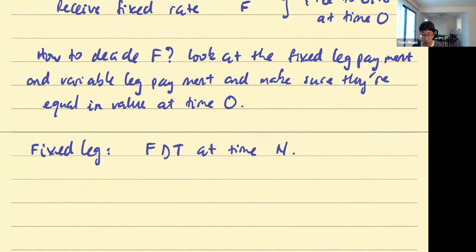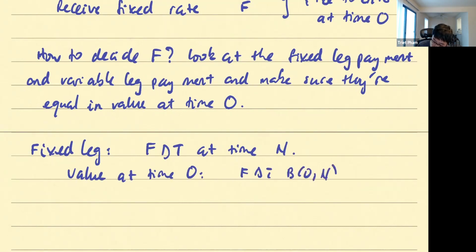So the value of this fixed leg at time 0 would be F delta t times B0n. Do you agree? So that's the value of this fixed leg at time 0.